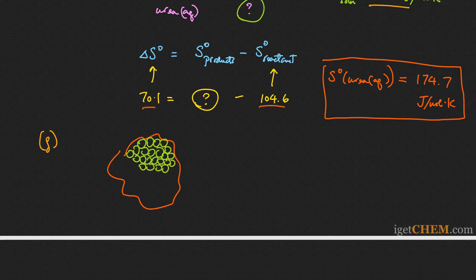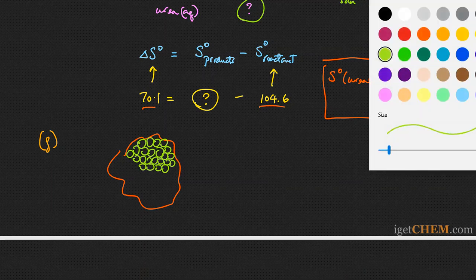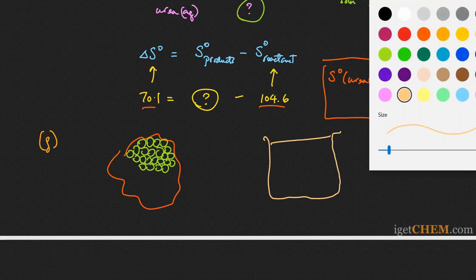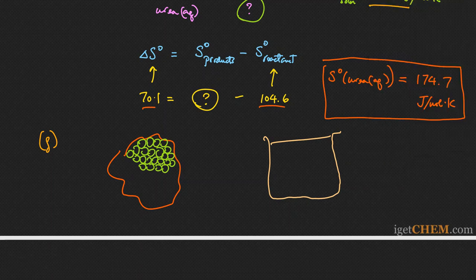But when the solid is dissolved in an aqueous solution, what you will have in the solution is a bunch of urea molecules, but now they are dispersed. So they are no longer stuck to each other because they are dissolved in this aqueous solution.